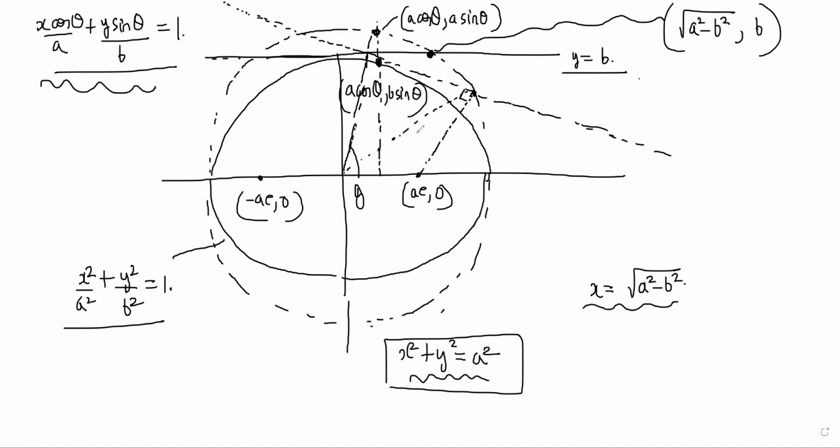Notice that this is a common 1 minus b square by a square, a comma b. So at this point, the tangent is cutting it in such a way that it is making 90-degree with this vertical line.